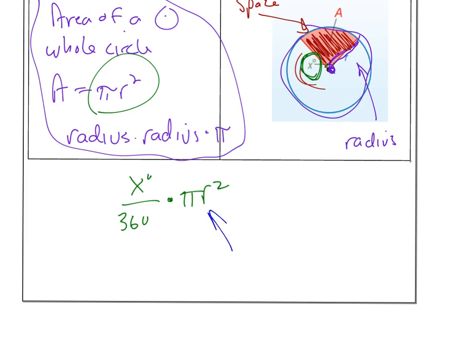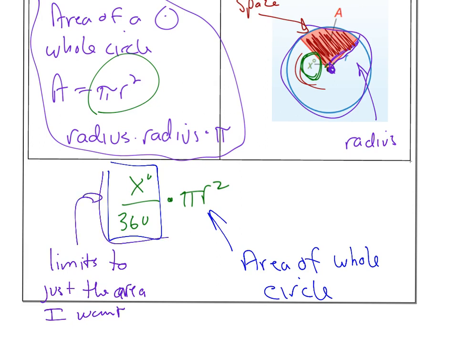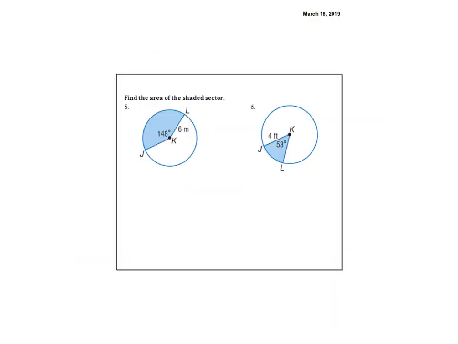That works because this is the area of the whole circle, and what this does is limit my area to just the spot I want. So I want to take my area and just the part of it that I know.